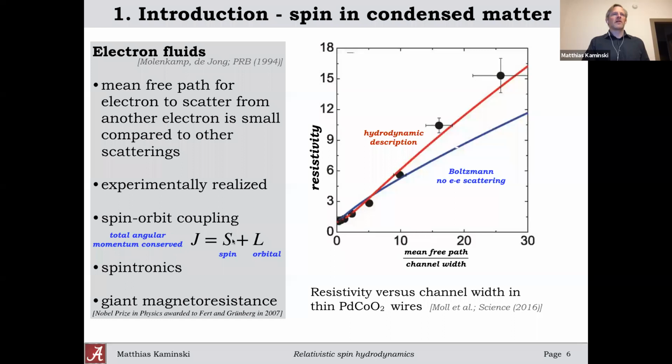The one important thing to take away from this slide, and I'll not mention any of the other things on here, is that the total angular momentum is conserved, but there's a coupling between the spin angular momentum and the orbital angular momentum. So at any given time, you can have angular momentum being transferred between the two.